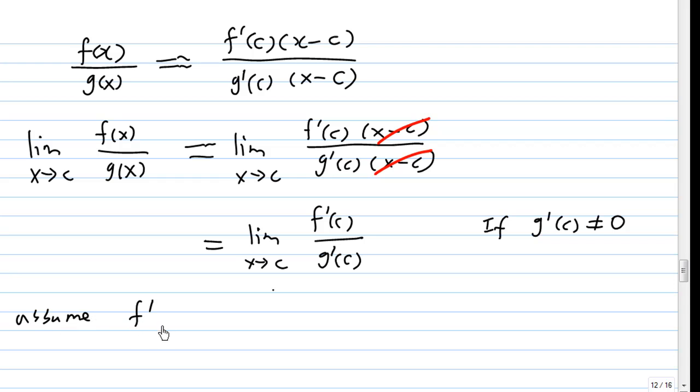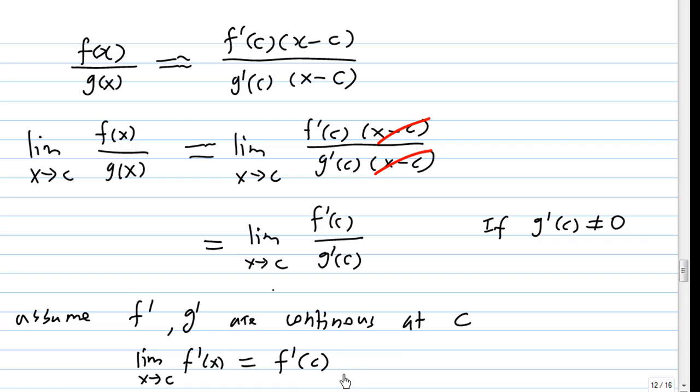Now if we assume f prime and g prime are continuous at c, that means limit of x goes to c of f prime x is equal to f prime c, and limit of x goes to c of g prime x is equal to g prime at c.